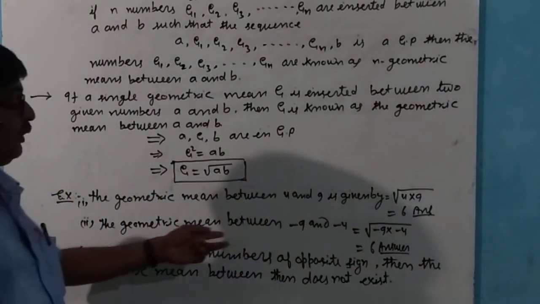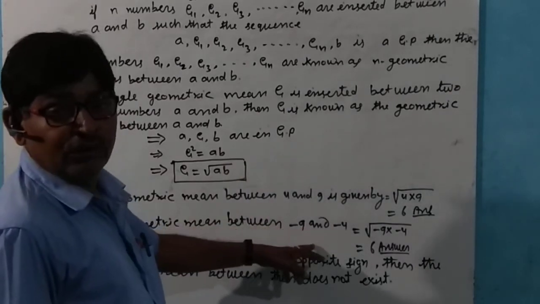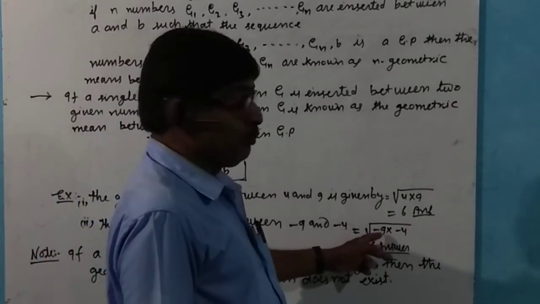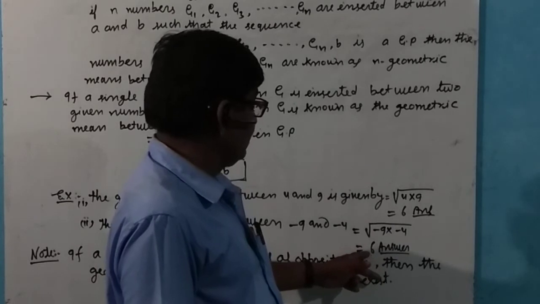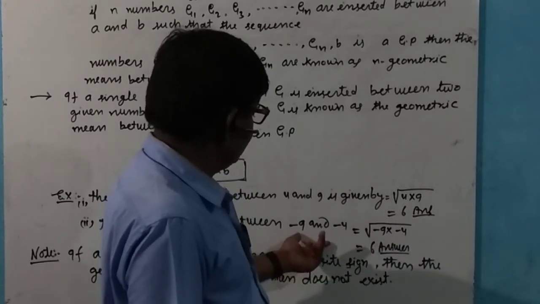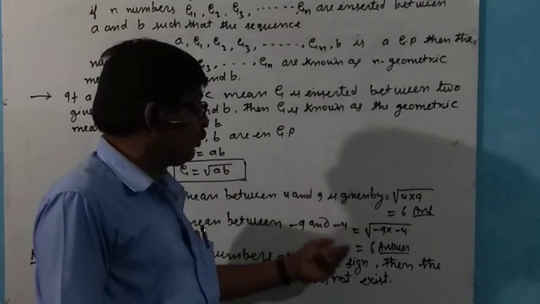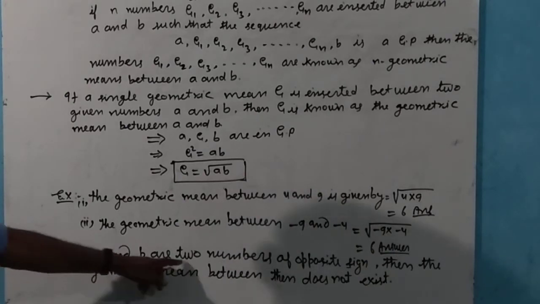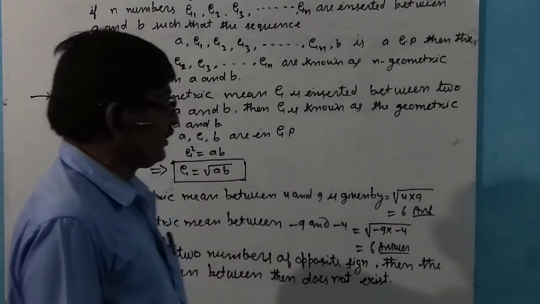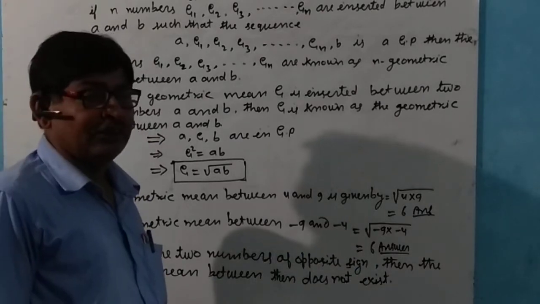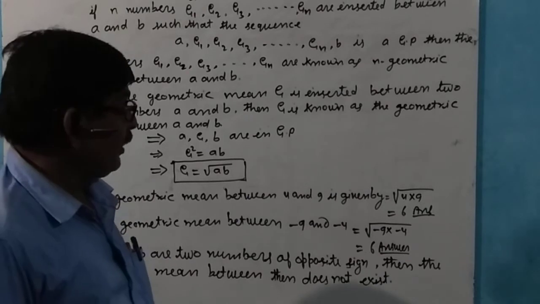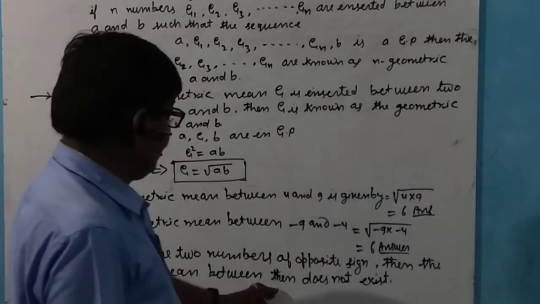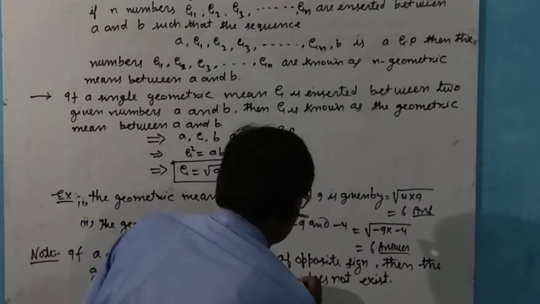And the geometric mean between -9 and -4, both numbers being negative, in this case comes to plus 36 under the root. It means that the geometric mean of these two numbers -9 and -4 is 6 also. But if A and B are two numbers of opposite signs, it means that one is positive and the other is negative, then the geometric mean between them does not exist.